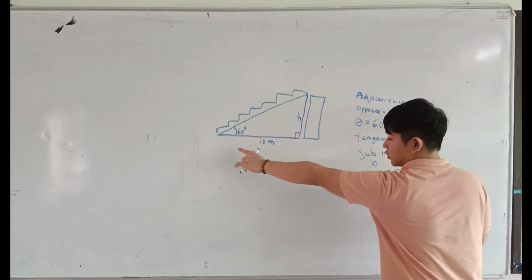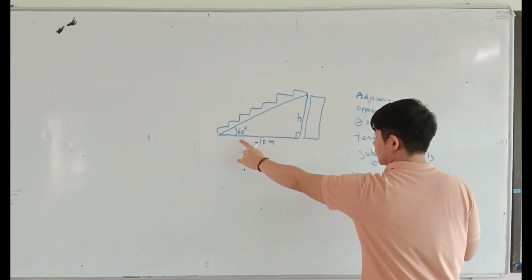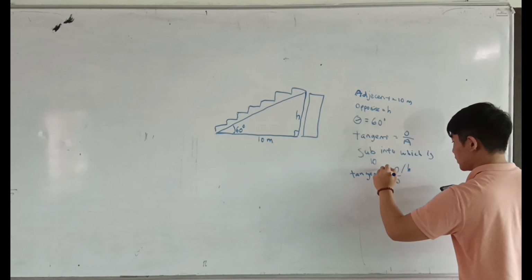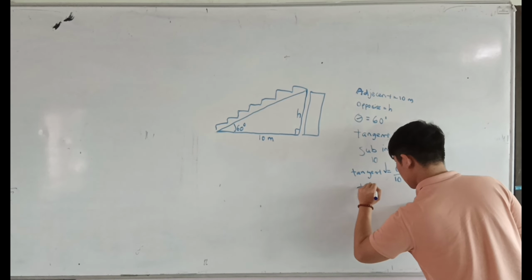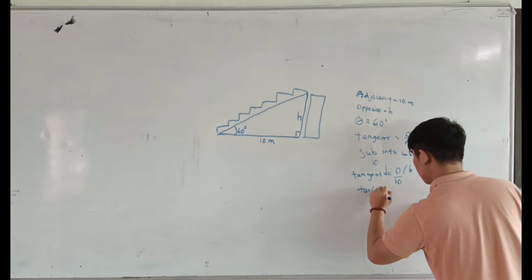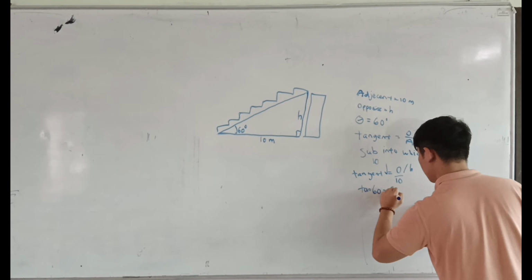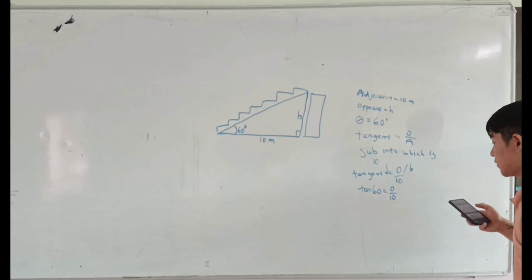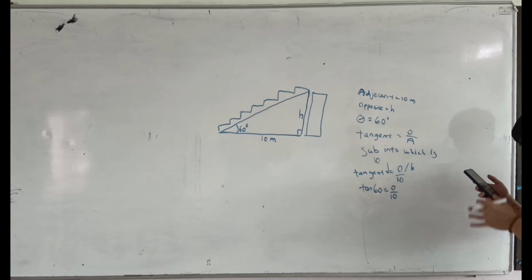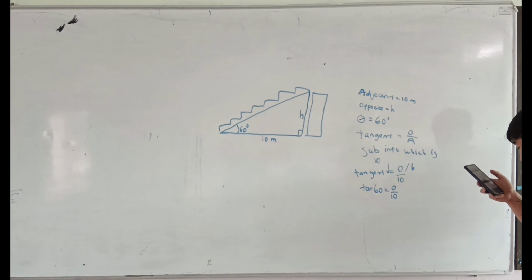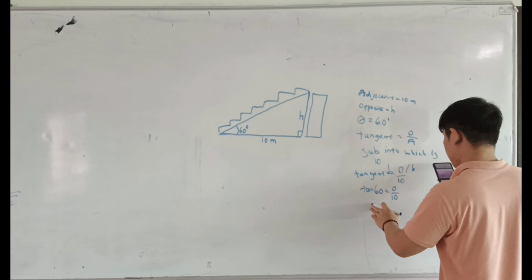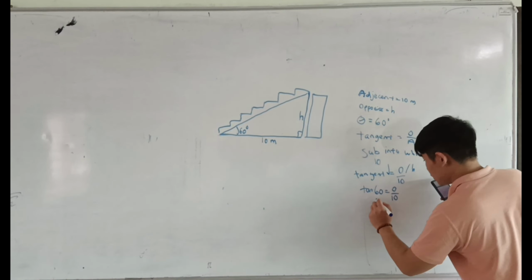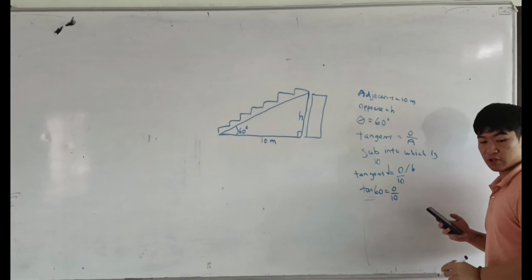Now, since we know that we're using tangent, this 60 is placed inside the tangent here. So it becomes tan 60 equals O over 10. Now, the easiest part is that we can change this by using a calculator.